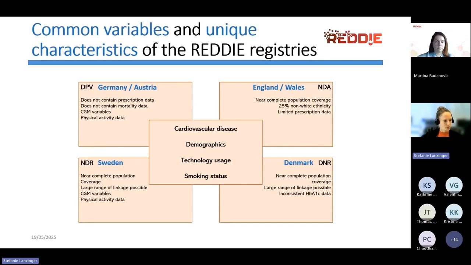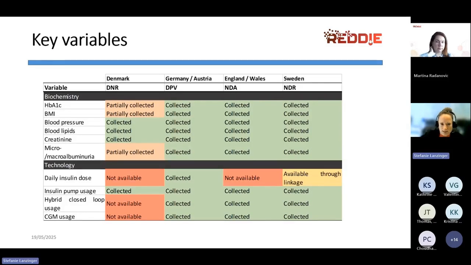Mortality information is provided by all the other registries, and in all the other registries in Sweden, England, Wales, and Denmark, linkage to other data sources is possible. And in this registry, there is also a near complete population coverage.